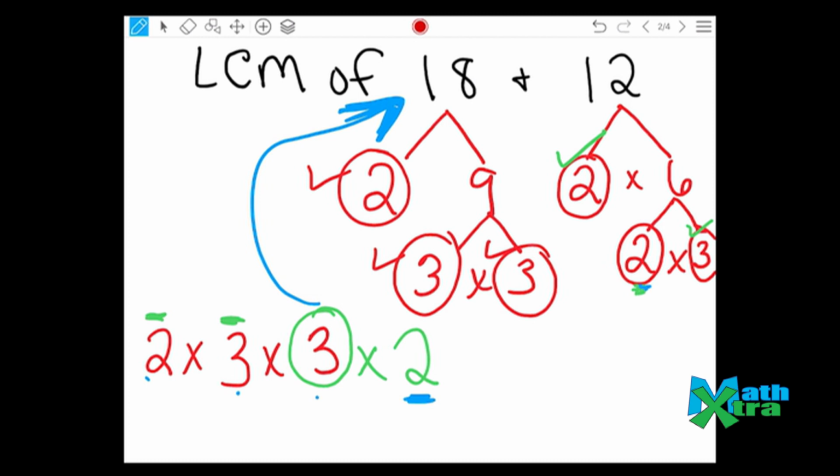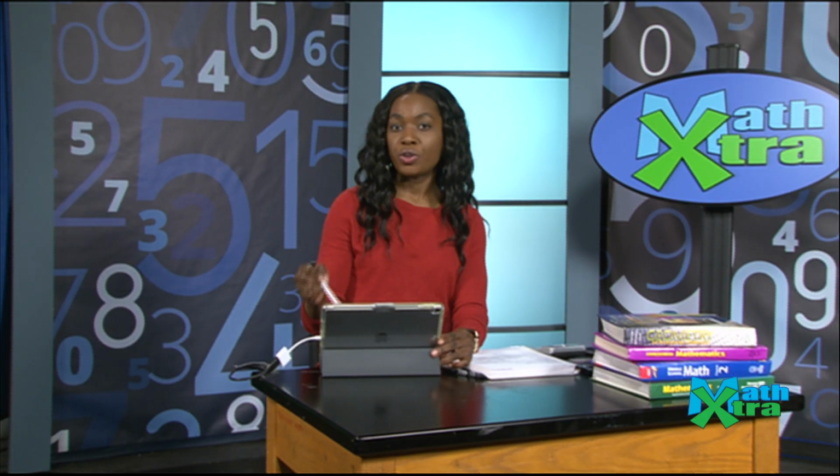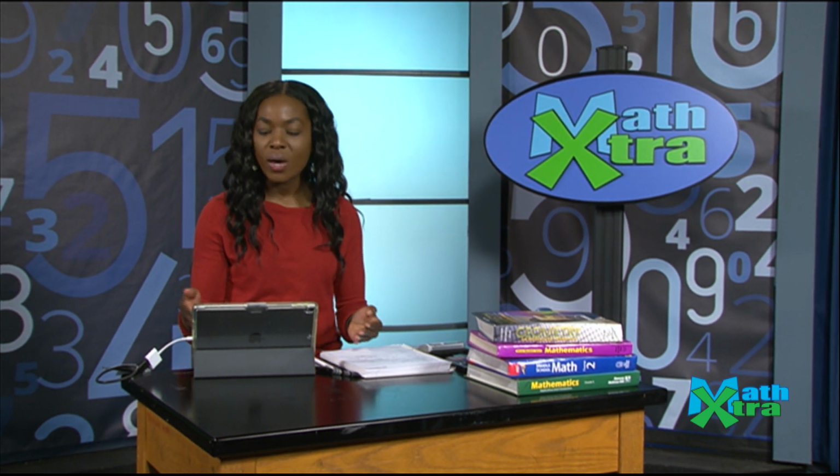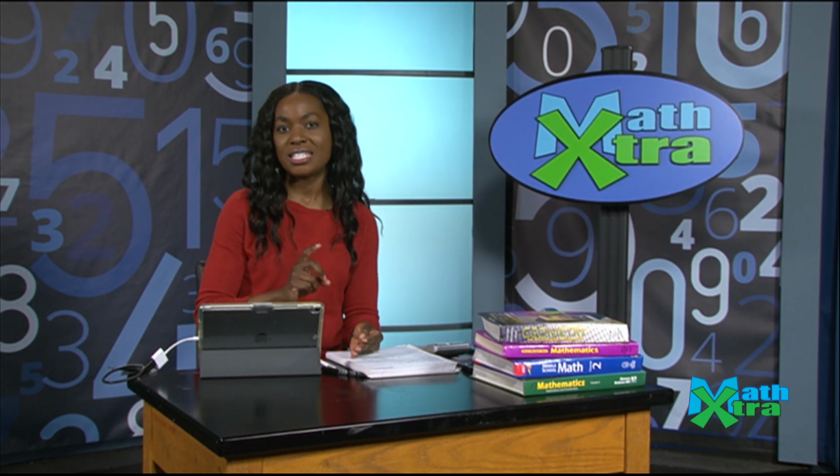That means we have to multiply 18 times 2, which equals 36. Our least common multiple of 18 and 12 is 36. 36 is larger than 18 and 12, as well as a multiple of both 18 and 12.